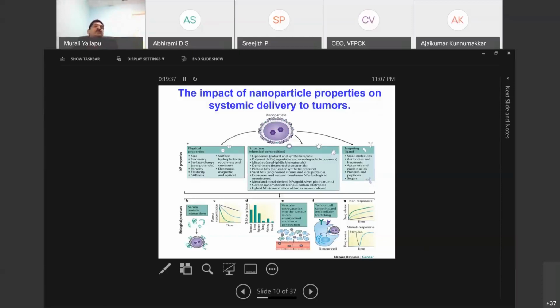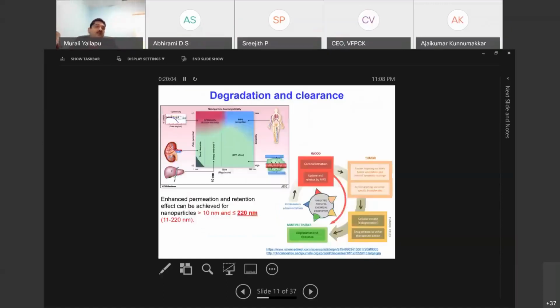So one needs to keep in mind that if we make any simple formulation that enhances bioavailability and targetability, that is the key factor. And you can also choose any specific ligand that is highly specific but not going to go to other organs. So considering all these factors, we can determine what type of particles to choose.